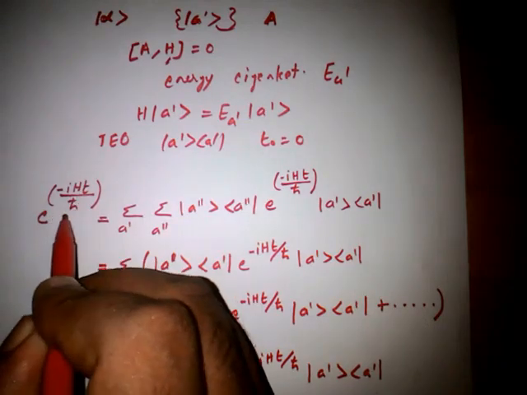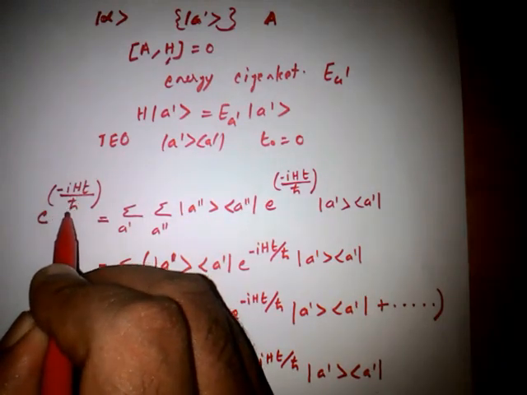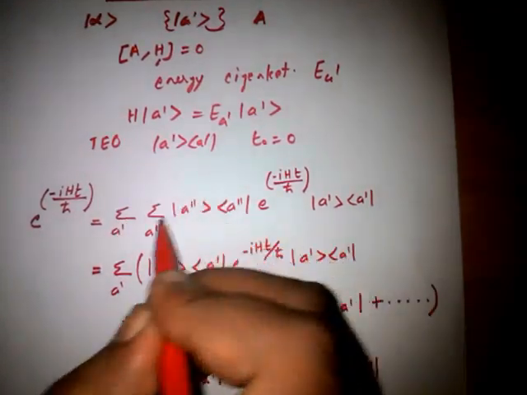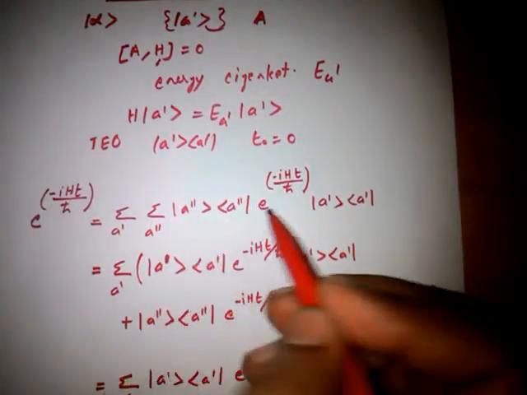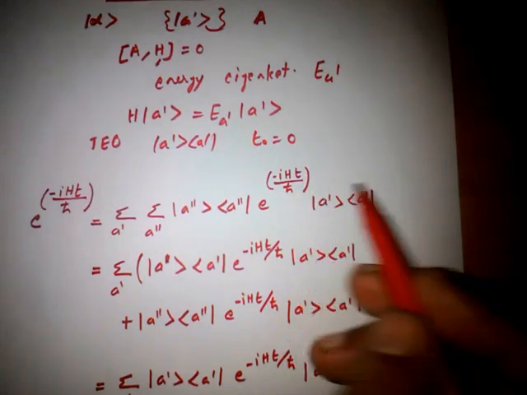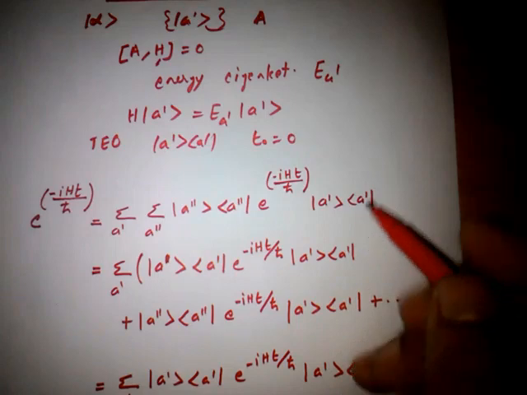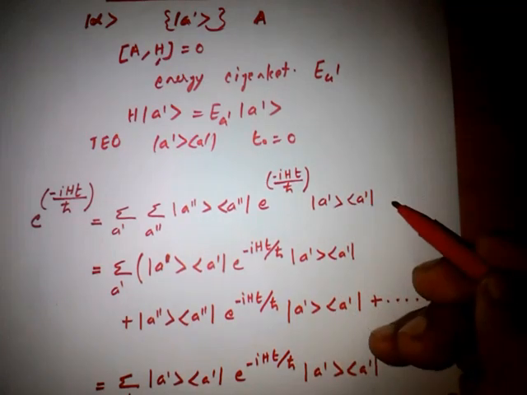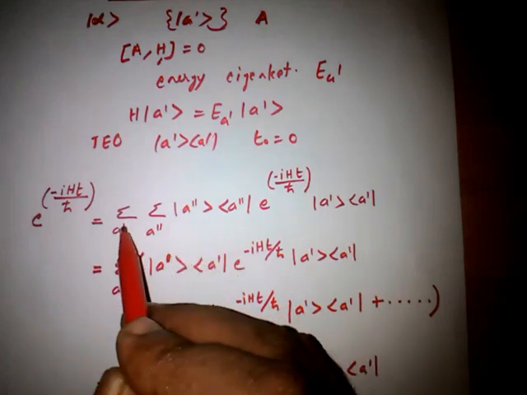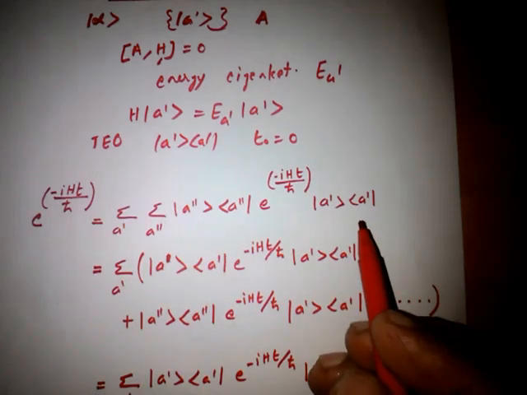e raised to minus iHt divided by h cross equals the sum of a double dash, outer product of a double dash, e raised to minus iHt divided by h cross, outer product of a dash. Okay, this we can expand in these terms.